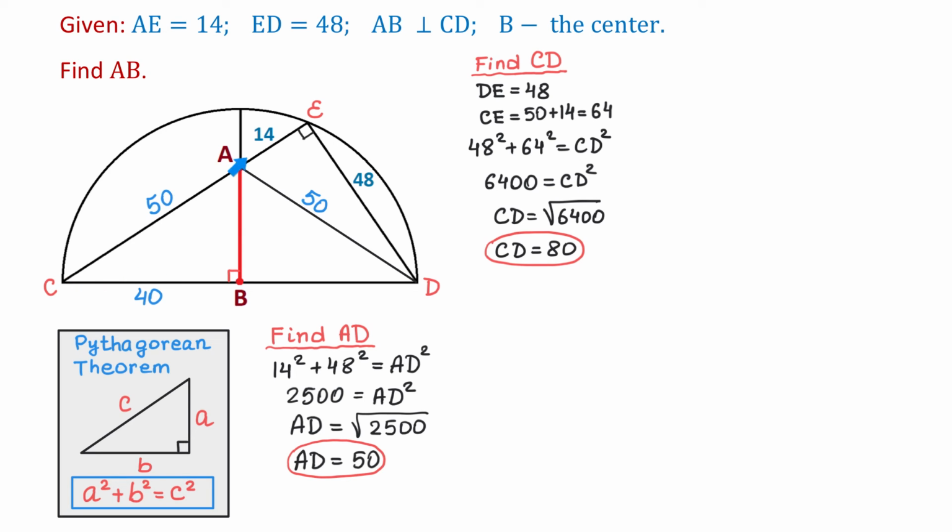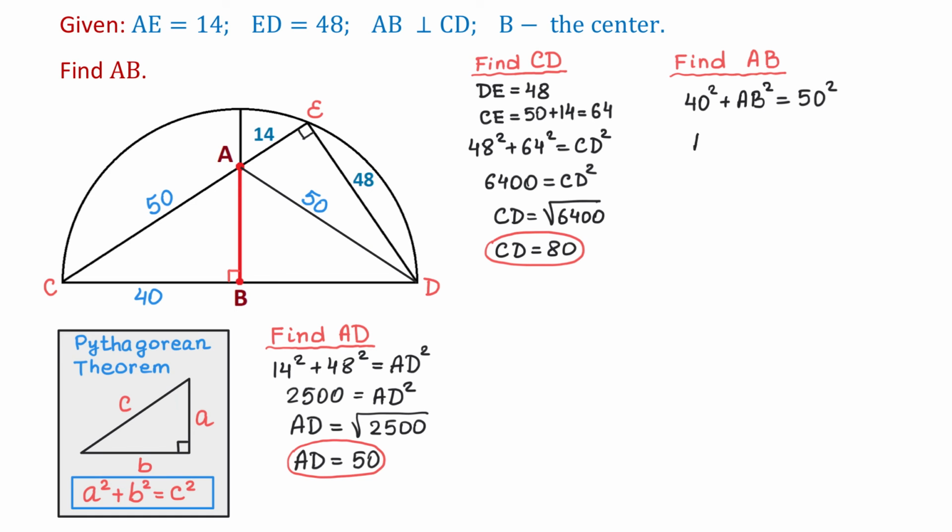And now in the triangle ABC, we know side BC, the hypotenuse AC, and we can use the Pythagorean theorem to find side AB. So then, in this triangle, 40 squared plus AB squared equals the hypotenuse squared, which is 50 squared.